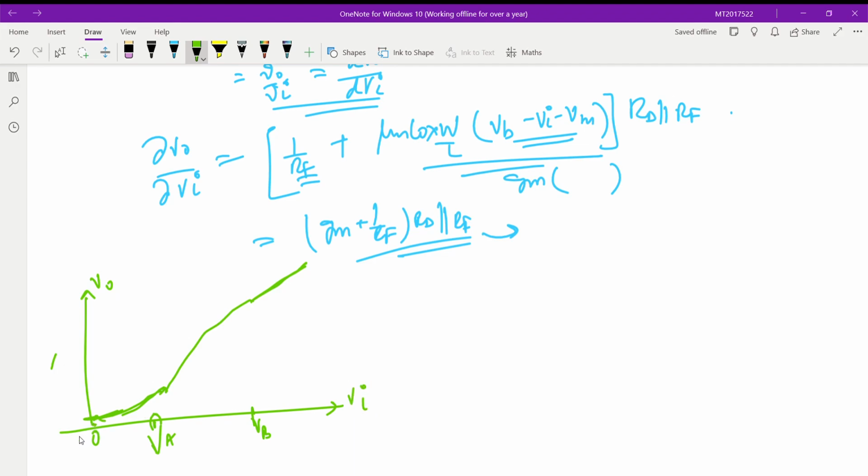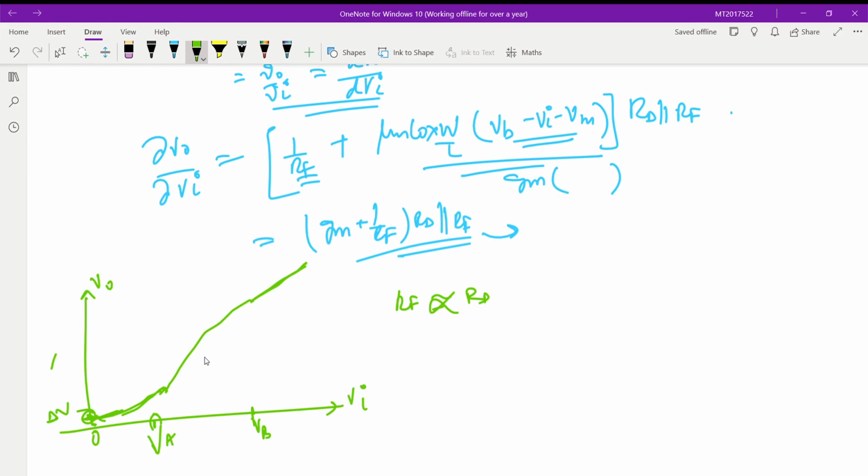That's the most important thing. It will be some value, some del V, and it will depend on the value of RF in proportion to RD. If RF is small, then del V is small. If RF is large, then del V is obviously large. But yeah, this portion is triode.